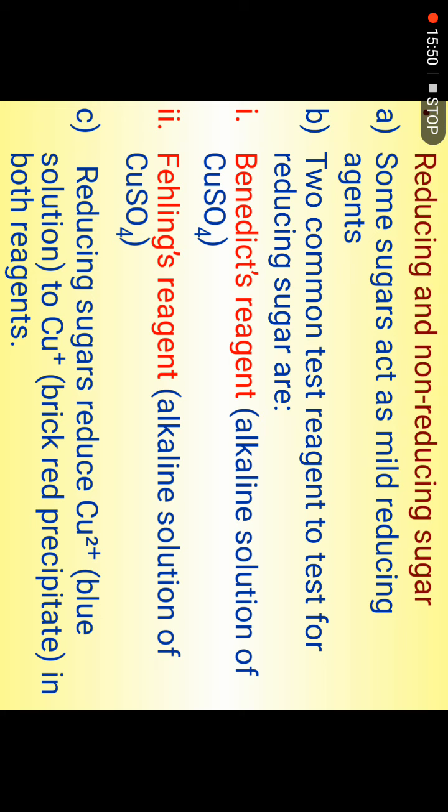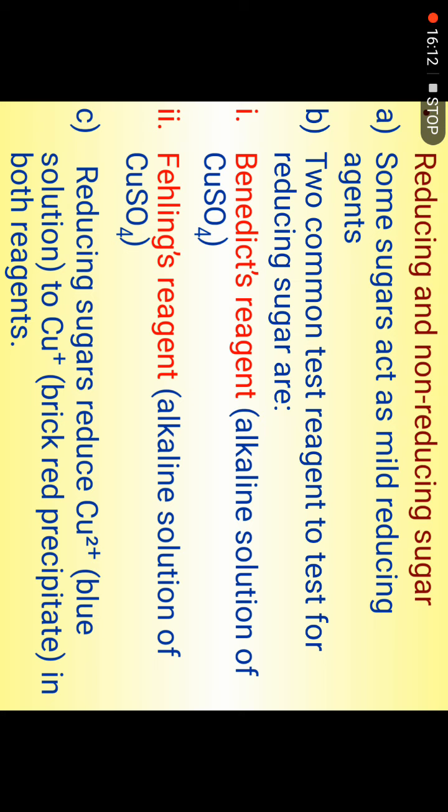Before you add in reducing sugar, the Benedict reagent is blue in color. After you add in reducing sugar, the power of the sugar is to reduce the ionic number from 2 positive to 1 positive.